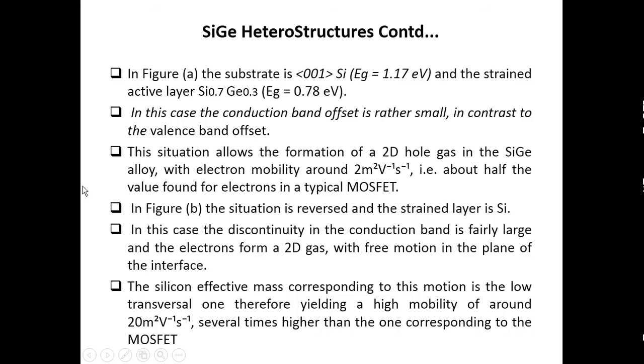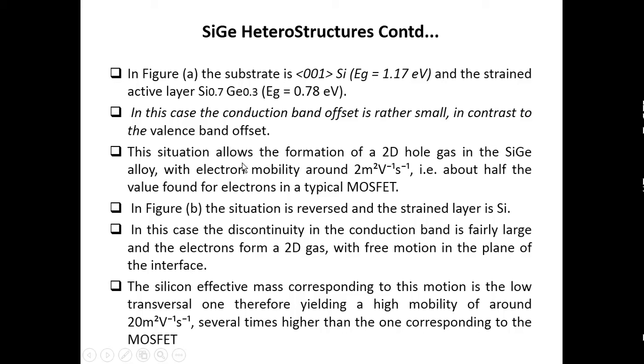Now let us consider the second option, that is in figure B. Here the situation is reversed. Here the strained layer is silicon and Si-Ge is acting as the substrate, or a silicon layer is grown over the Si-Ge wafer or substrate.